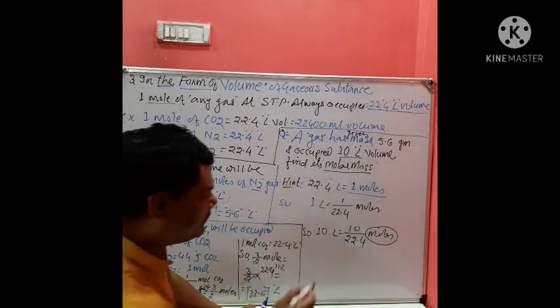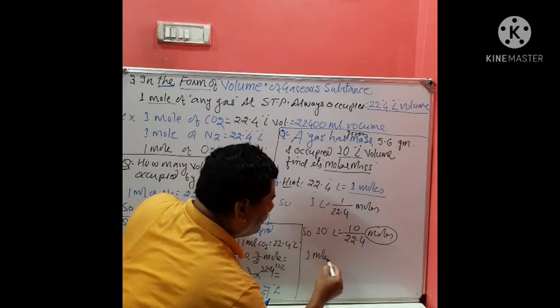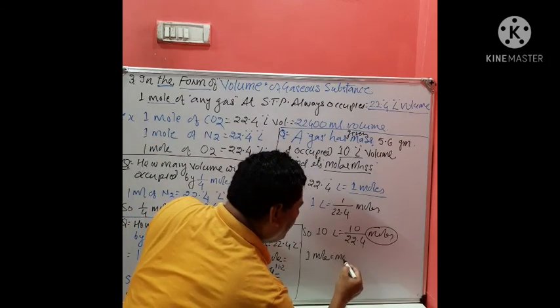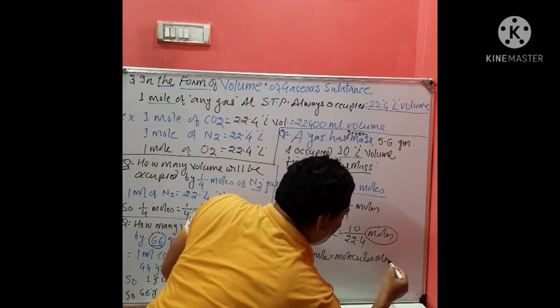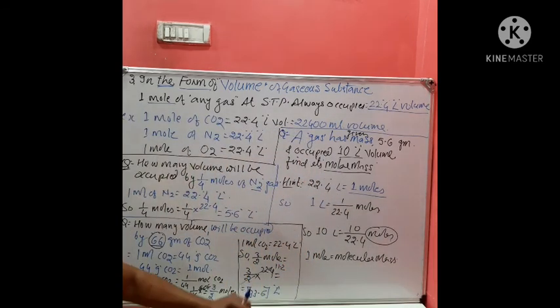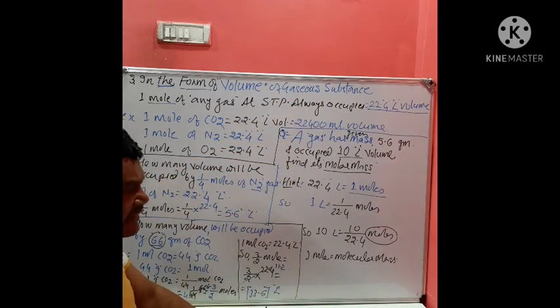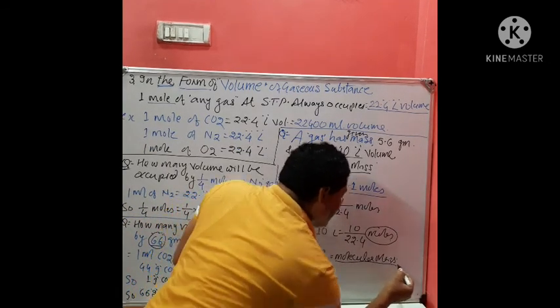Now, 1 mole is equal to molecular mass, isn't it? So the given mass is 5.6, and 1 mole is equal to molecular mass.